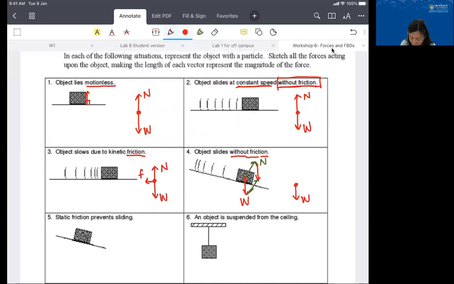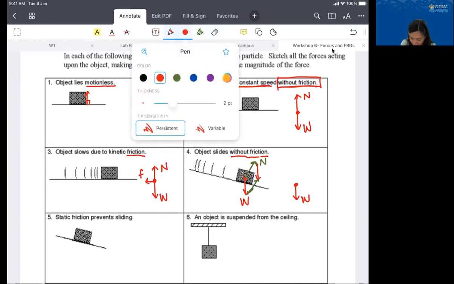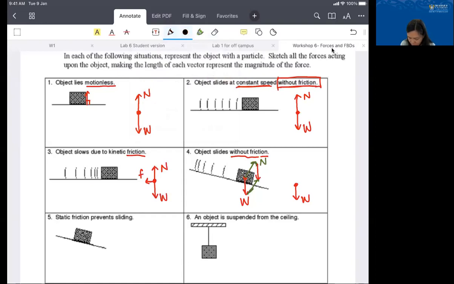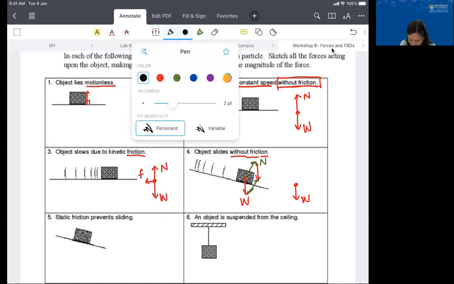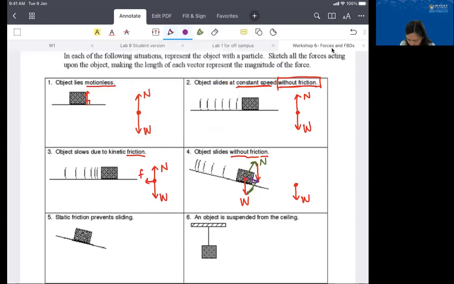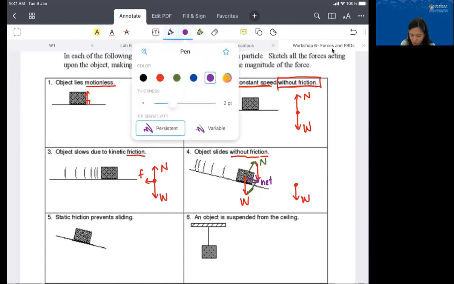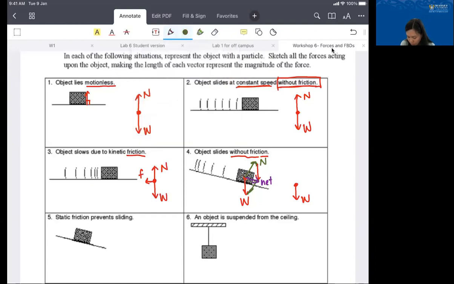So that tells me that the lengths of my vectors are not okay. There should be a net force along the slope, because this net force will cause the object to move downward. So if I draw the correct free body diagram with the correct lengths for the weight and the normal force, I should take into consideration the direction of the net force.